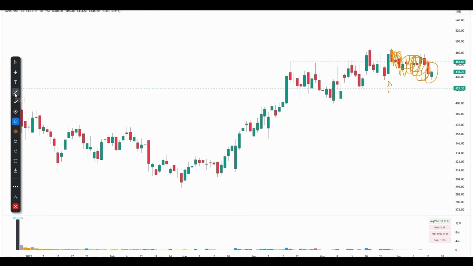Now normally whenever we see this kind of candle happening after such a volatile move, many people will enter, saying that the supply pressure has gotten absorbed and the price is ready to move up. But what we saw in these previous candlestick patterns is that the volatility is maximum whenever the price reaches the higher levels, and there is a high chance that the price may give you a fake breakout and trap you in this setup.